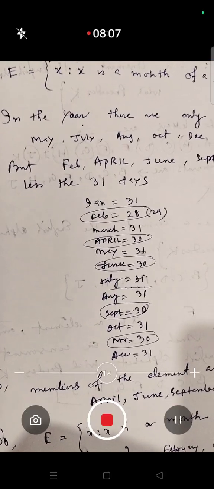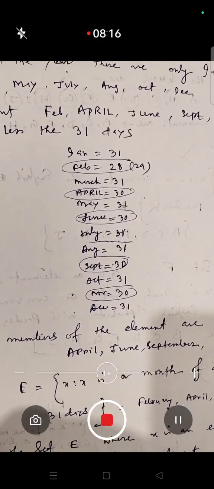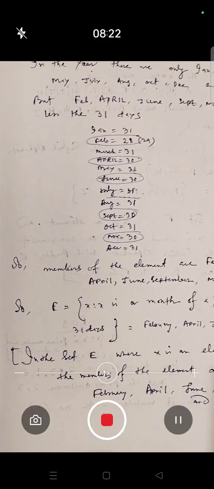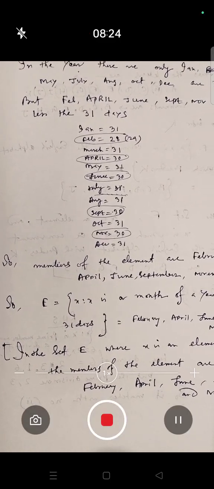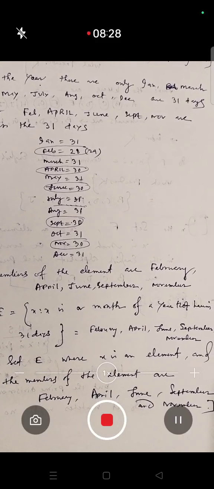Okay, but February, April, June, September, November are less than 31. Here is the list, January to December, but the ones with less than 31 are marked. So members of the element are February, April, June, September, November.